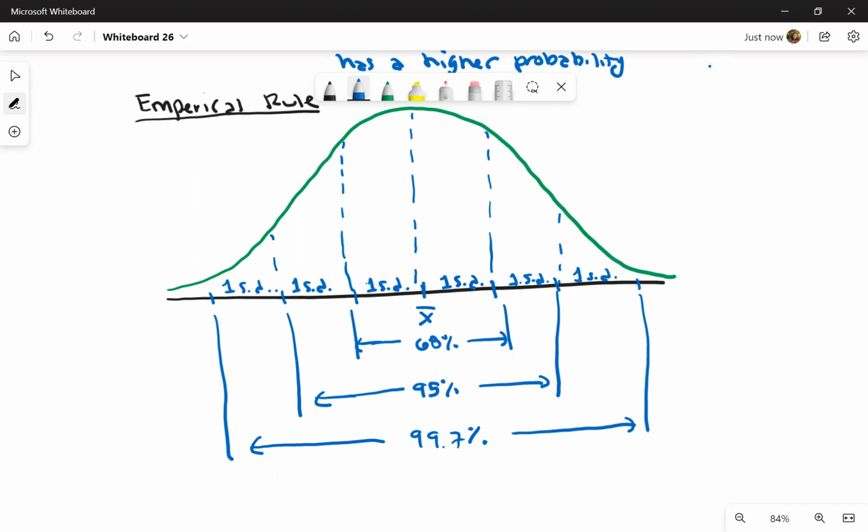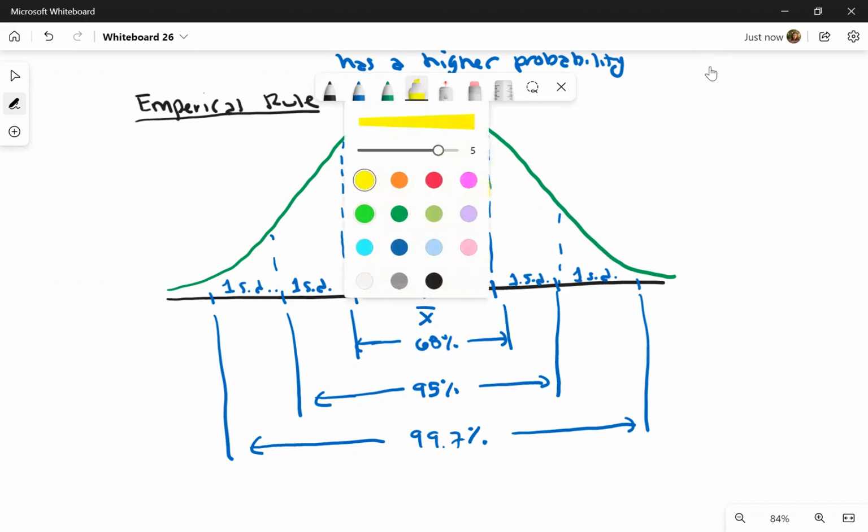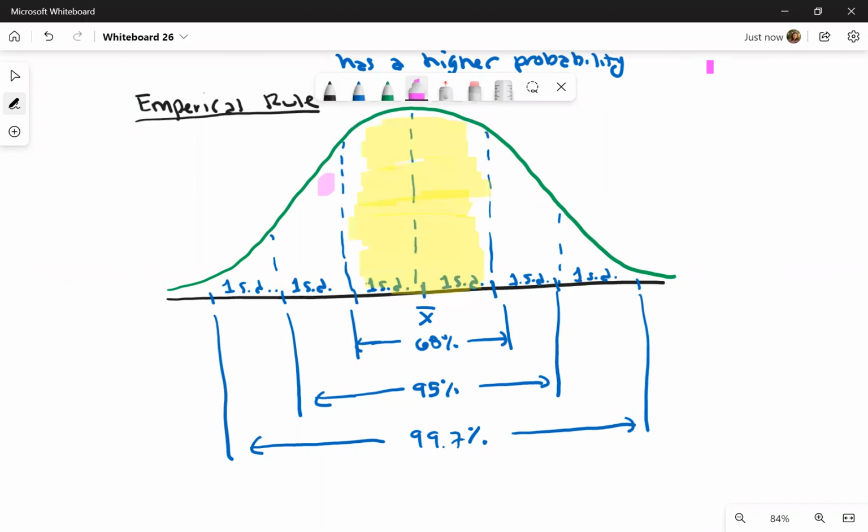All right. And there's a really cool picture in the book of this where they've got nice shading. I'll use my highlighter to lightly shade this as best I can. So here in the middle is the 68%. And then here, let me change the color. So then we'll go to pink. Okay. And so the next group is 95%, those two.